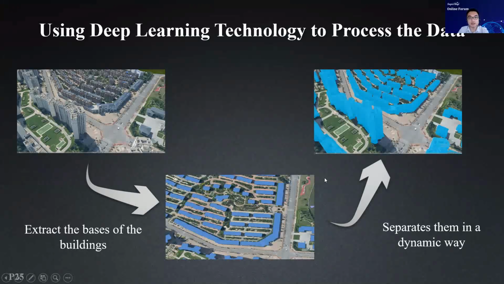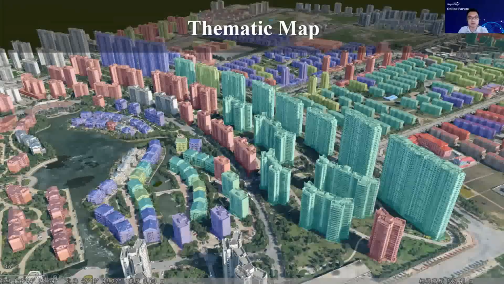And so after we extract all of the buildings, we can even make a thematic map to separate the buildings in different levels. Like in some real project, we can separate the price of each building using different colors by this way.